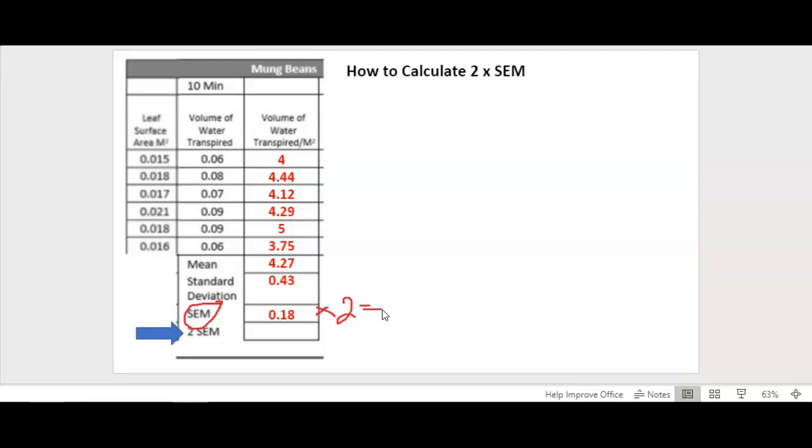That gives me 0.36. And I can go ahead and type that in here, 0.36. And there's a decimal point right there, just in case you couldn't see it.